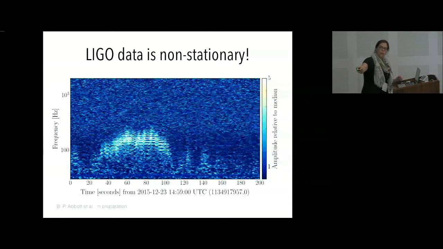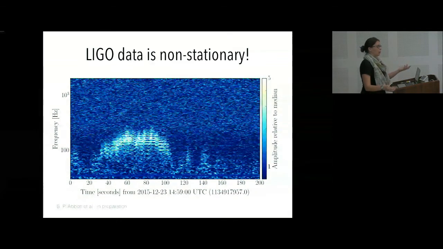What you can see is over about the scale of 2 minutes or so, you have these sort of vaguely harmonic wandering lines that appear and then disappear. And this tends to produce false triggers for some of our longer duration templates, which is even more problematic. It's more of the template parameter space that we're polluting rather than just the very, very short transient glitches that we see.